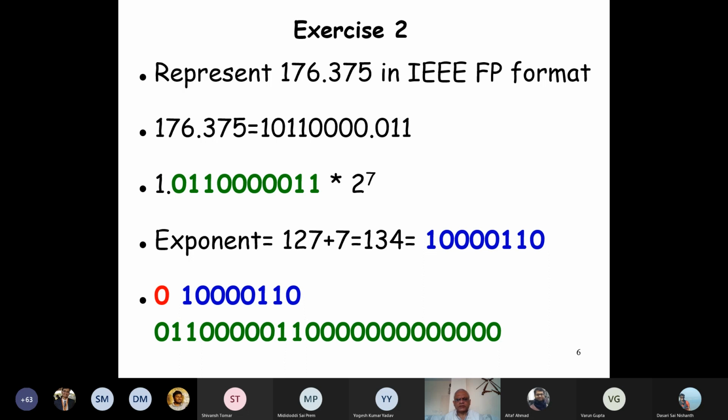Fairly simple for small numbers, just takes a minute or so. Gives understanding of how we represent in IEEE floating point format. Please do a few of these, because that will make you really understand how it is represented.